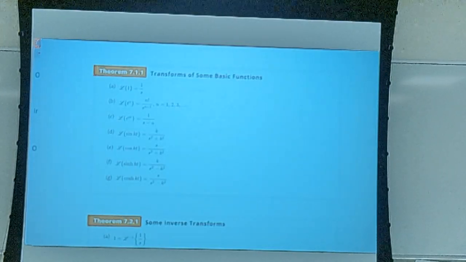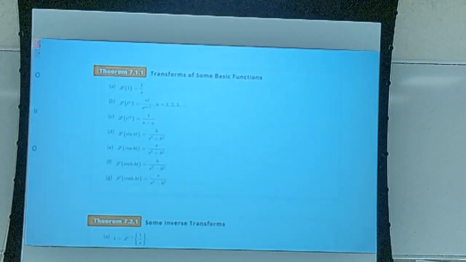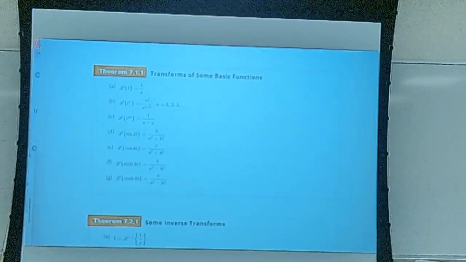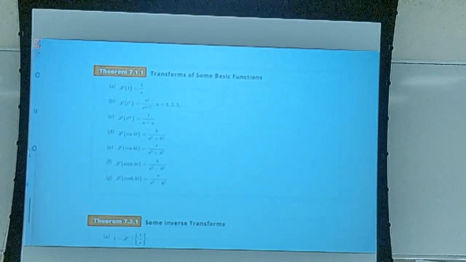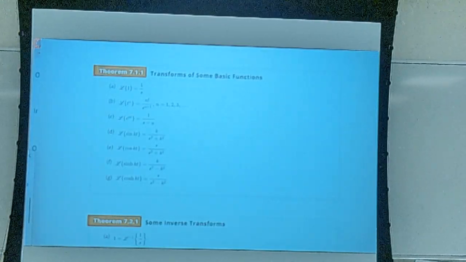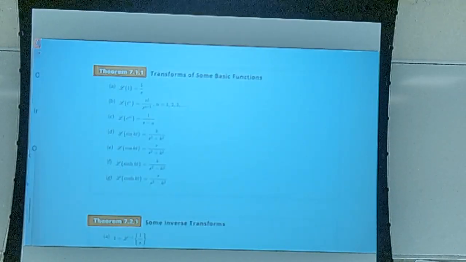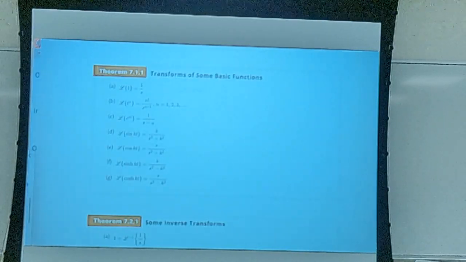So like the Laplace transform of t to the 9th would be 9 factorial over s to the 10th. And then we just plug that into the calculator. 9 factorial is, again, a pretty large number. 10 factorial, if I remember correctly, is like 10 million, I think. It's either a million something or 10 million something.